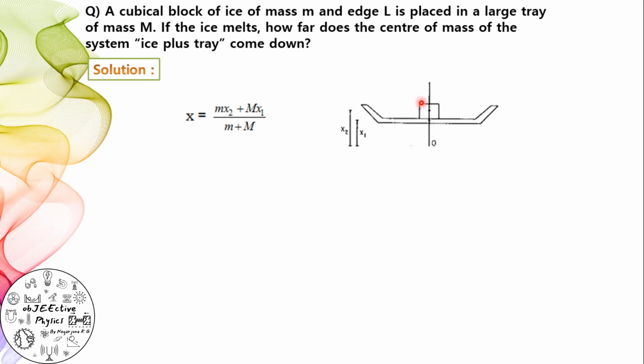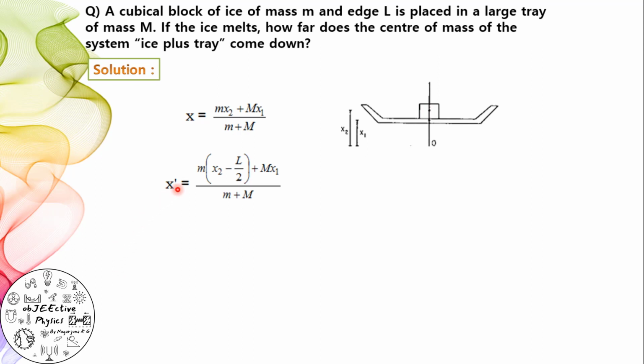When the ice block melts into water, the level of water is negligible in the tray because of its large size. It means the center of mass of the ice cube comes down by L by 2 from its initial position.